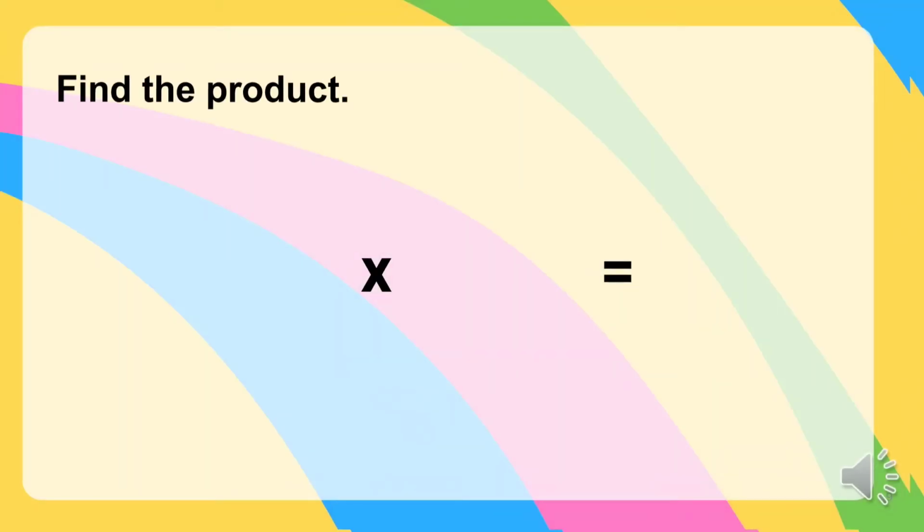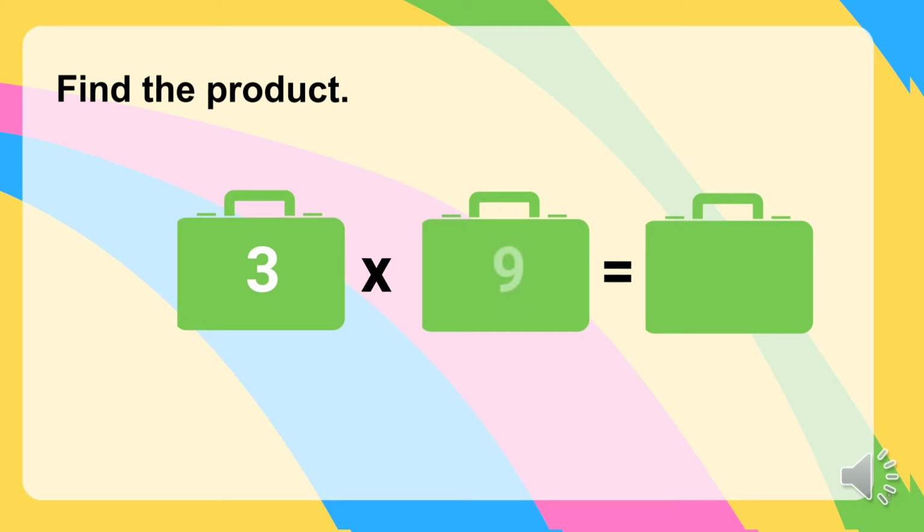So find the product. 3 times 9 is equal to 27.